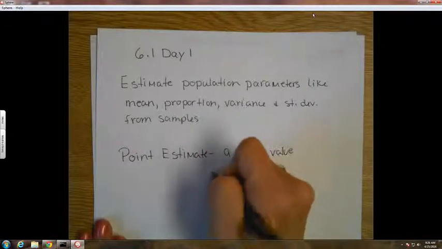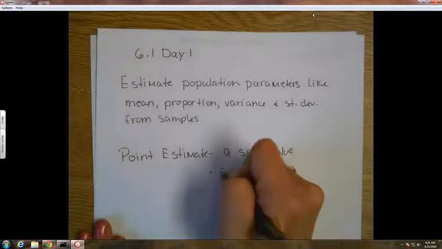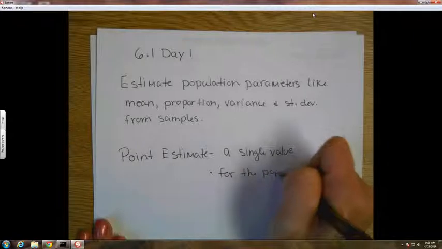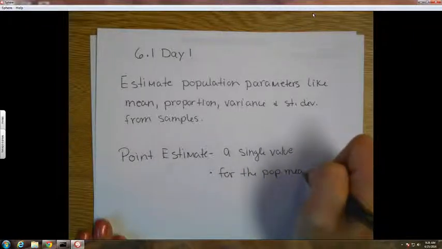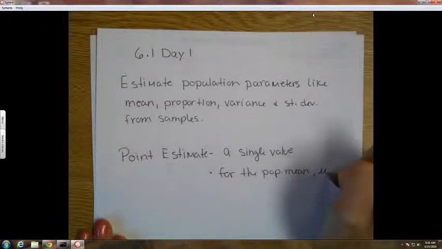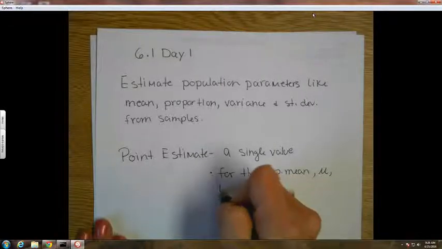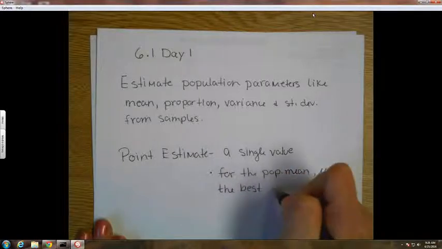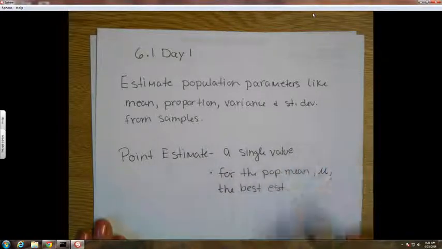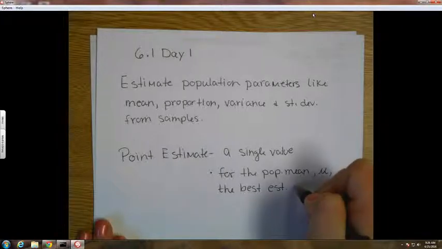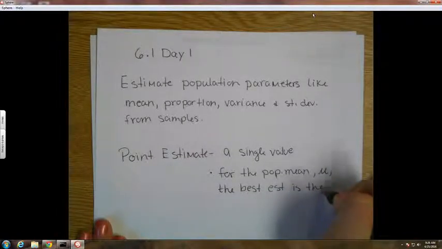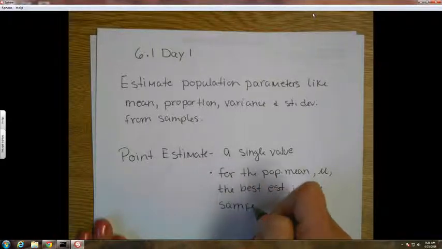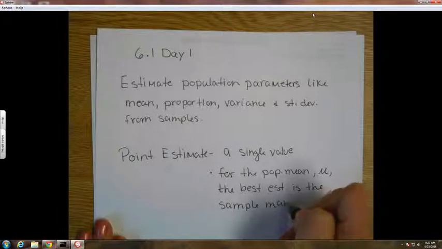So, for the population mean, which is mu, the single value estimate, the best estimate is, obviously, or maybe not obvious to you, the sample mean, X bar.